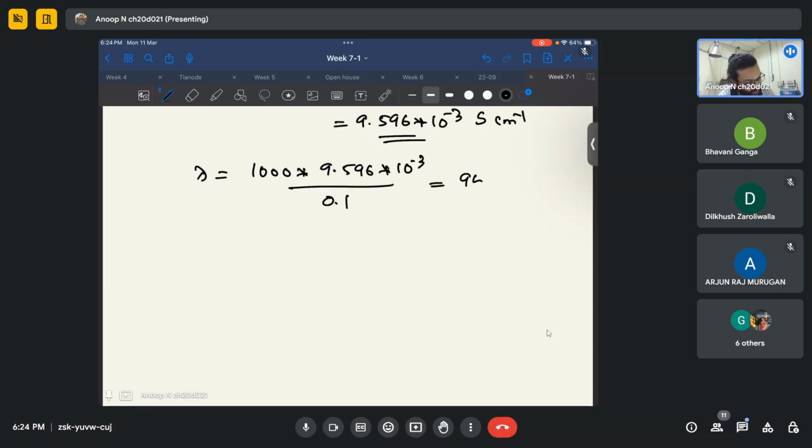So the answer will be 95.96 Siemens centimeter square per gram equivalent.